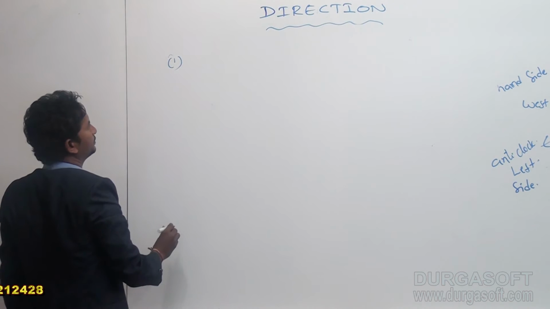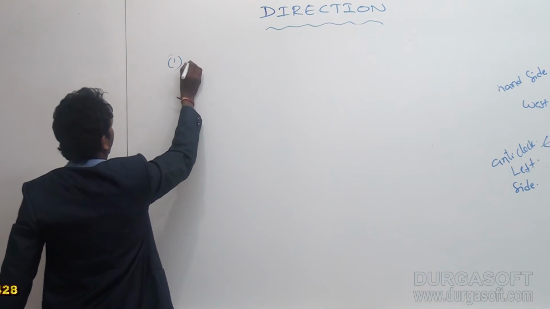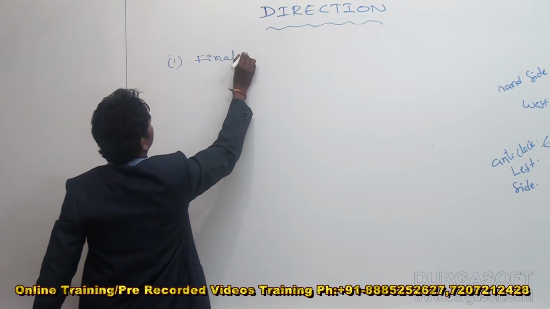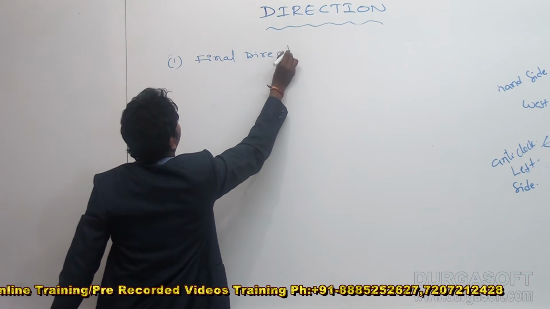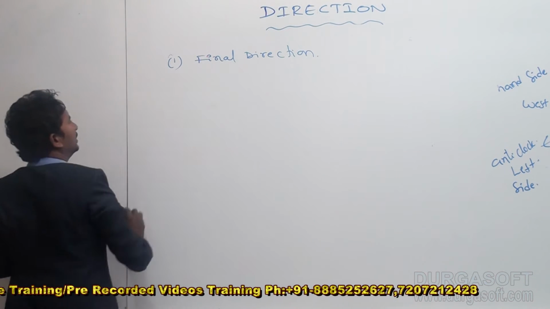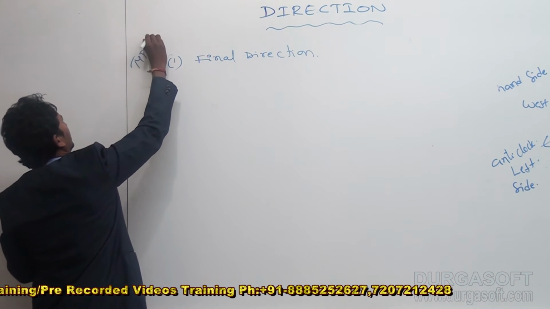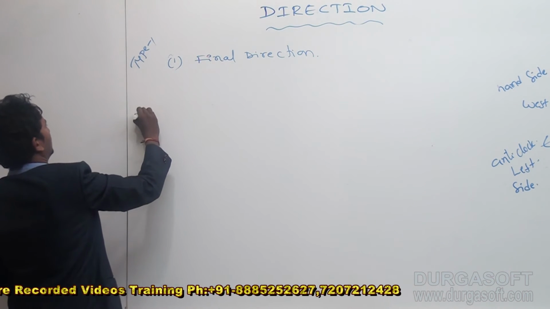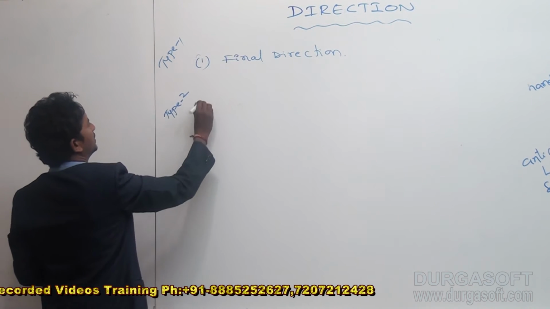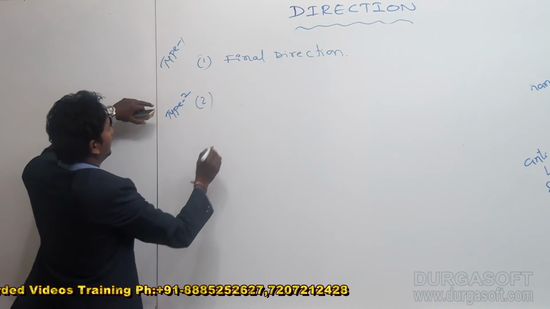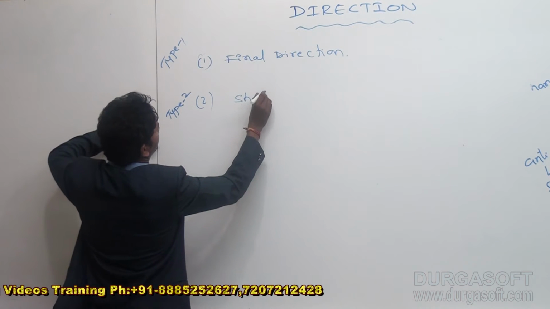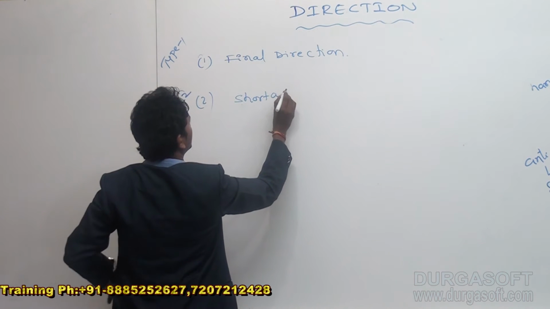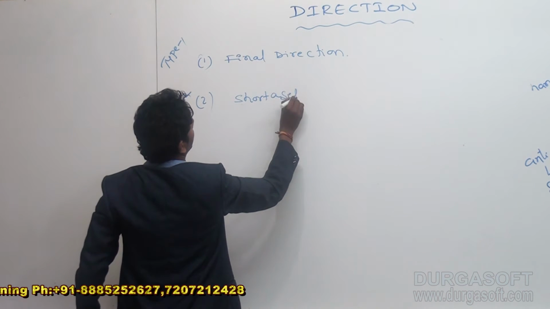Type 1 is final direction. Type 2 is shortest distance.